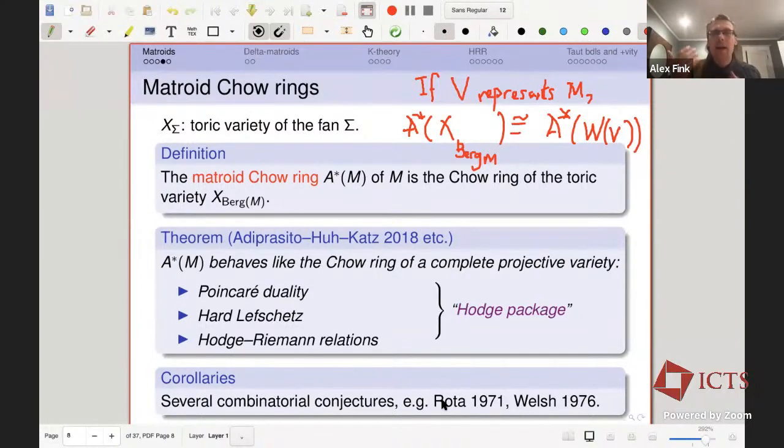So there is this way to get geometric positivity statements from a ring which doesn't actually have a variety associated to it, just a matroid. And that is the kind of thing that I'm doing in my work in progress in a slightly more general setting. Okay.